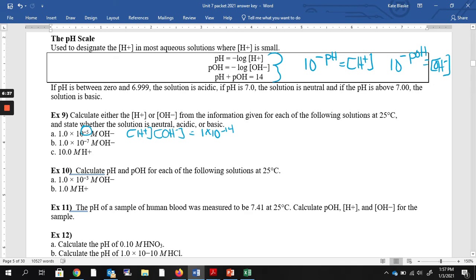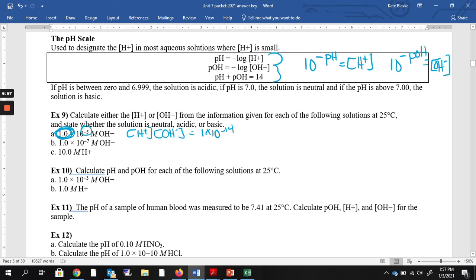So if I need 1 times 10 to the negative 5th times something to equal 1 times 10 to the negative 14th, I can just figure out what exponent needs to work so that negative 5 plus something equals negative 14. Especially since this has a 1 in the front, that's not going to mess with my numbers at all.